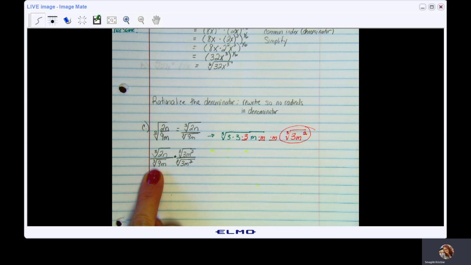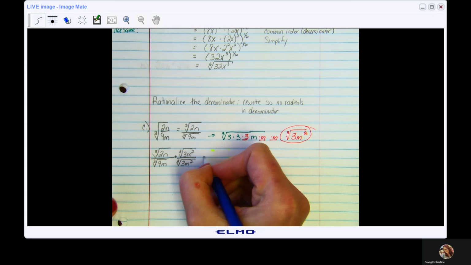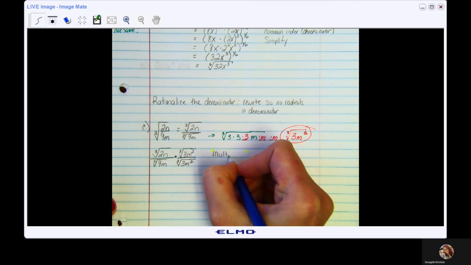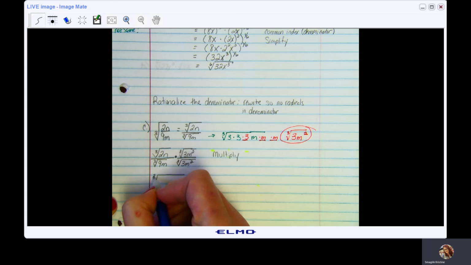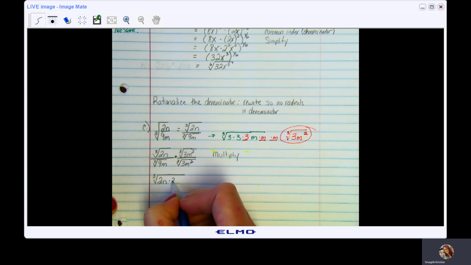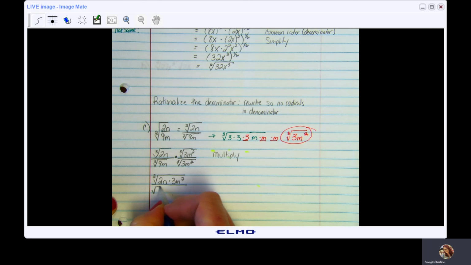So now when we do this multiplication, again, my index is the same, so I can just multiply whatever is under the radicand. Cube root of, I'm going to go ahead and spell this out, 2n times 3m squared all over the cube root of 9m times 3m squared.